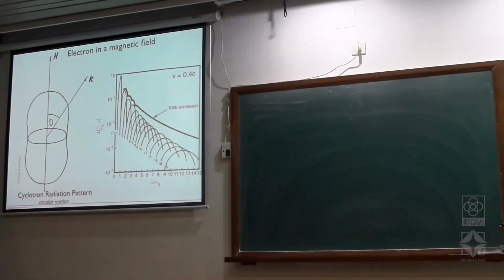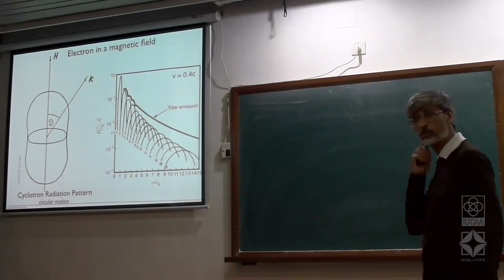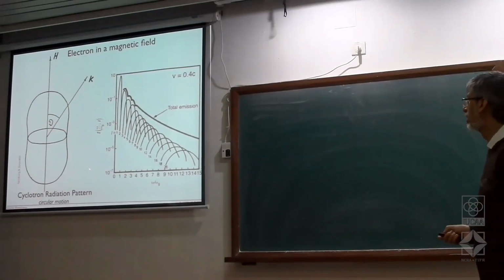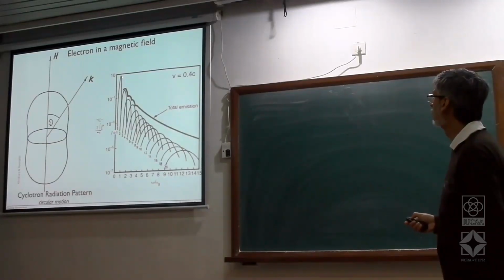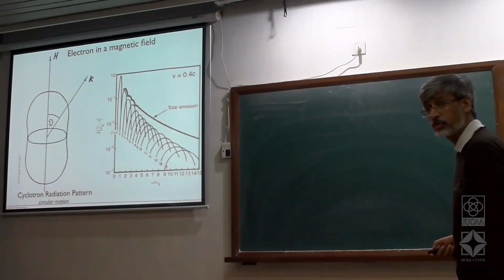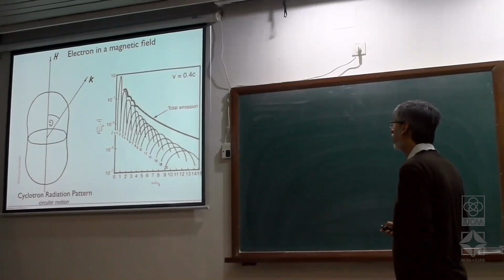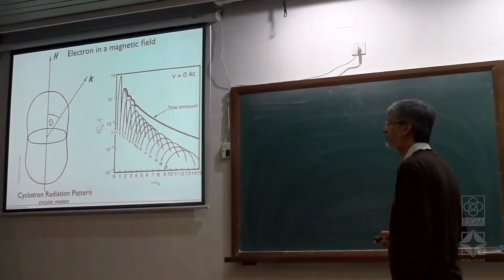And here is an example of the kind of emission that you will see for an electron moving at 0.4 times the speed of light. So this is the fundamental. But then you have all these other harmonics that also appear. And when you add it all up, then the total emission.